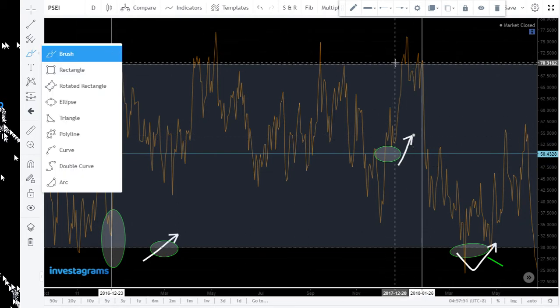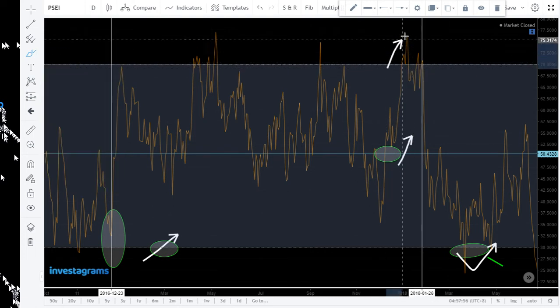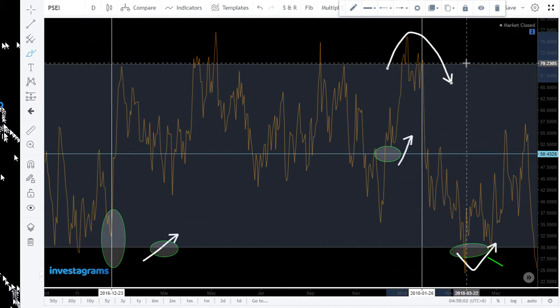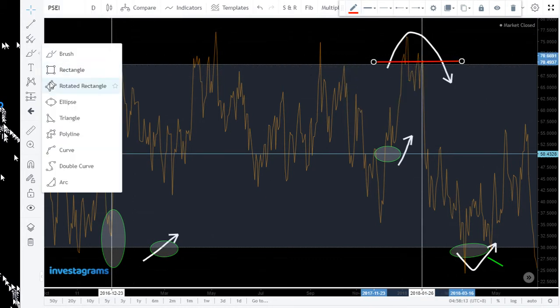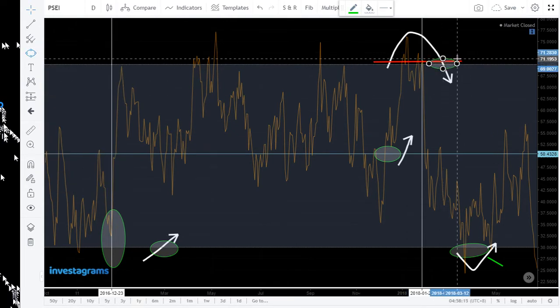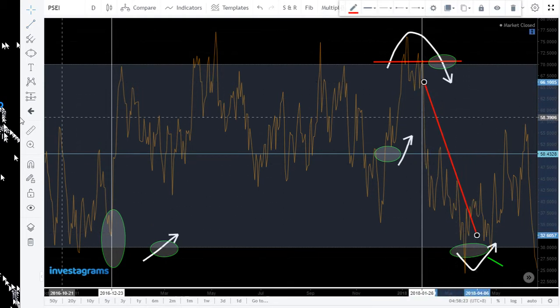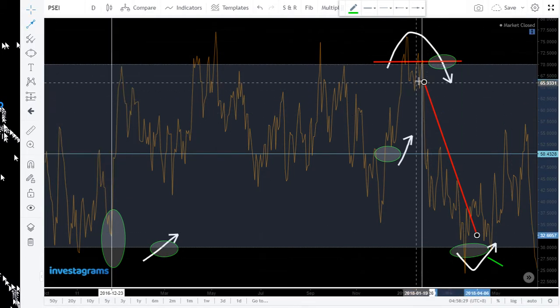And sinasabi nila, when the particular stock reaches the overbought level for this indicator, let's make it a color red, it signifies that you have to sell your shares because temporarily this stock will go down. And exactly what happened to this stock, it really went down from overbought to oversold level.